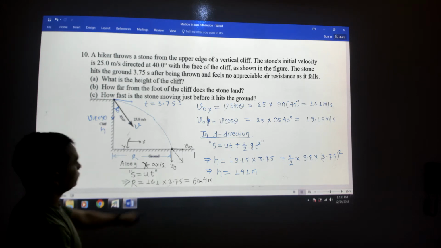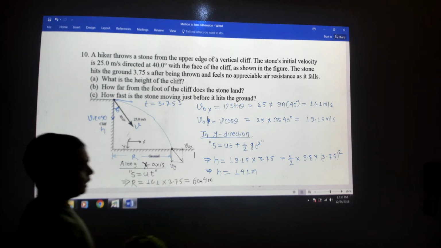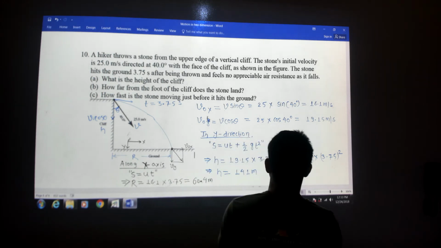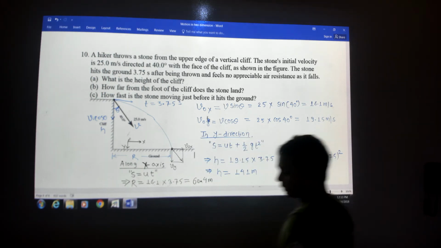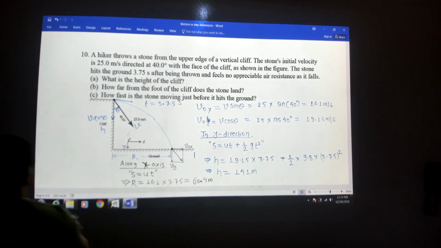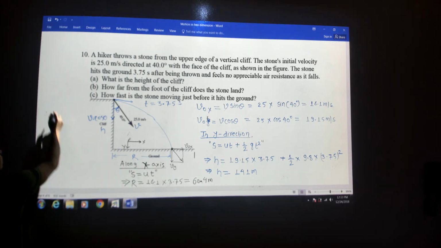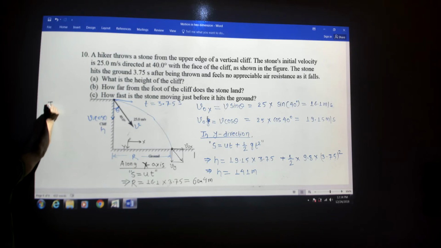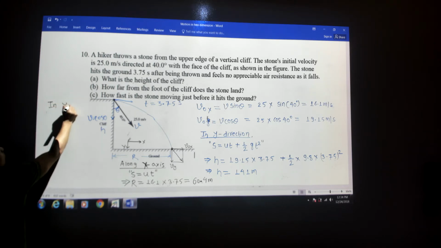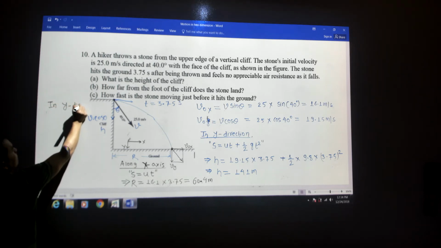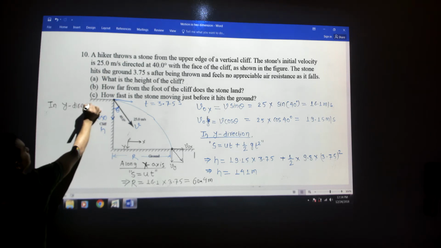Okay, so we need to find out this velocity vy here, and let me erase this portion here. Maybe I can use here. In the y direction.